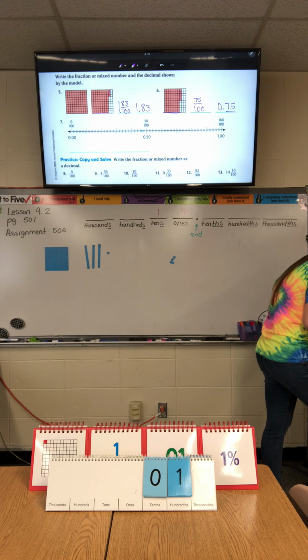Over here they're wanting us to look at this little dot here, and so I know that the bigger lines represent tens, so I'm going to go, this would be 10 over 100, 20 over 100, 30 over 100, 40 over 100.